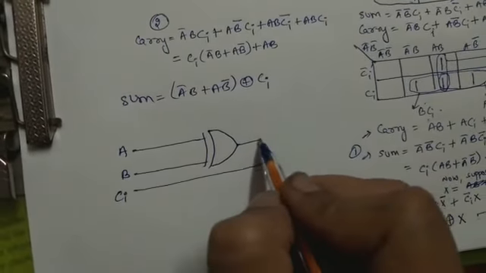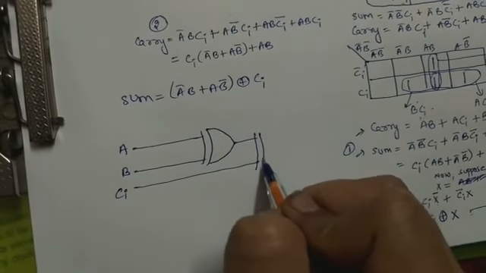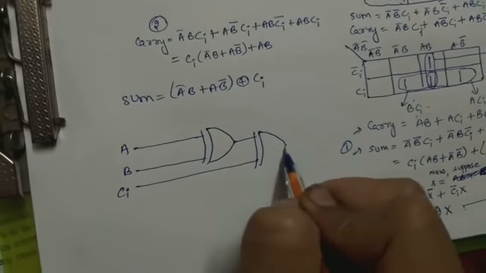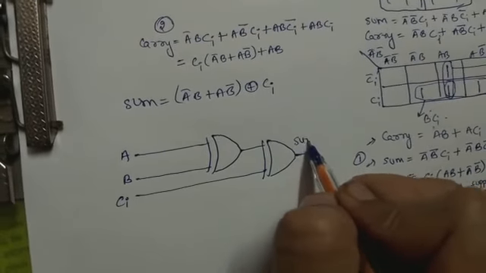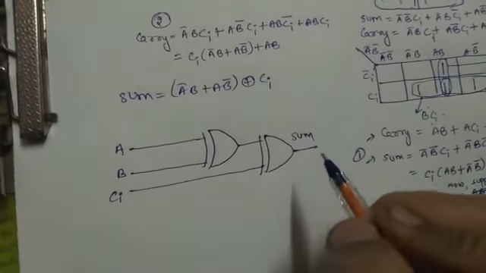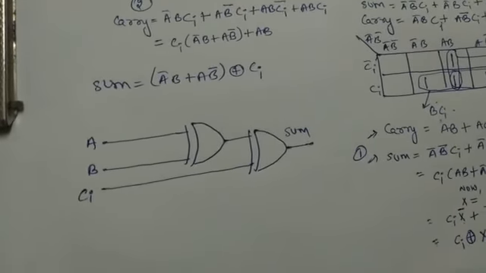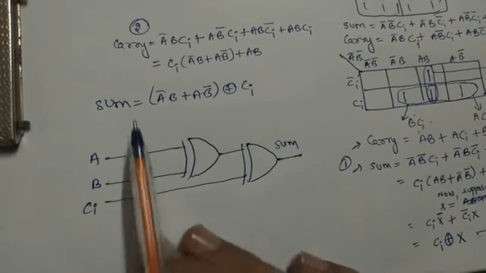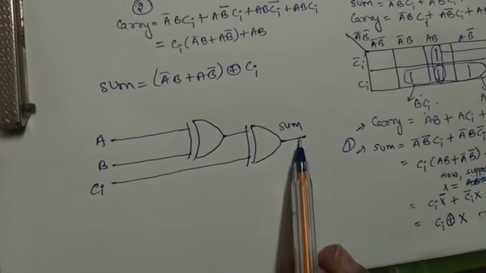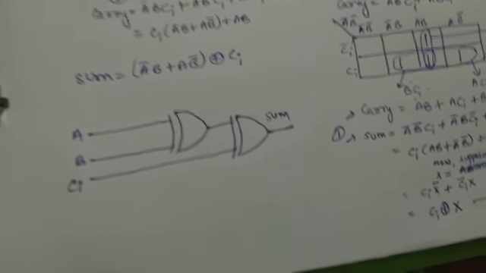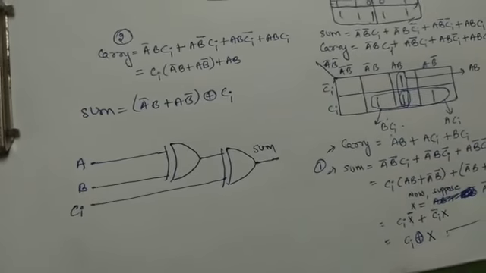Now it is connected via the exclusive OR. So this is what the sum output is, and here you are getting the sum output as per your equation being shown.